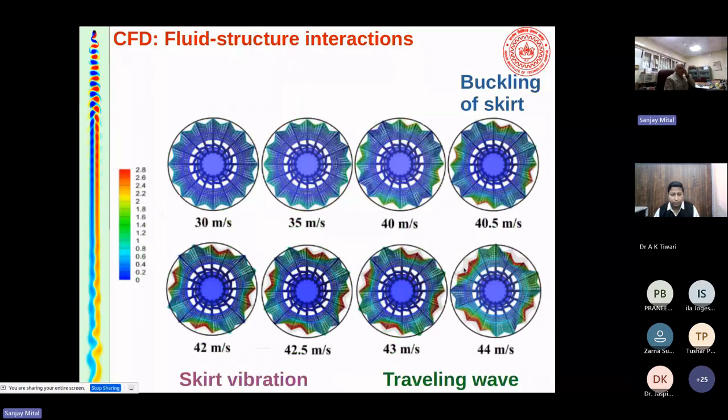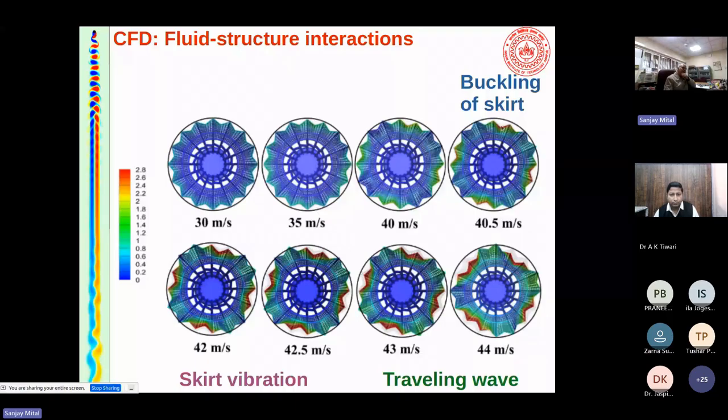So these are some pictures of the shuttlecock. You can imagine the shuttlecock is facing you. So imagine a shuttlecock facing you with the cork away from you, and you are looking at it, and the colors indicate the deformation in millimeters. So at 30 meters per second, the deformation is very small. Then you can see at about 40.5 meters per second, the shuttlecock buckles. So from a circle, it goes to a square cross section.